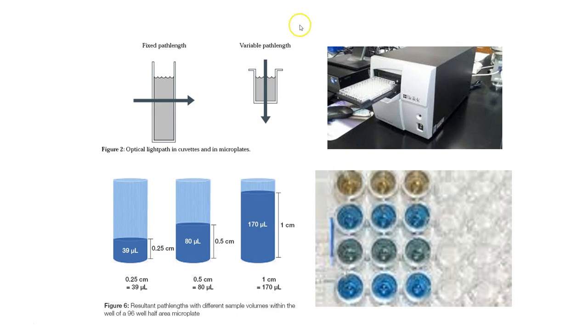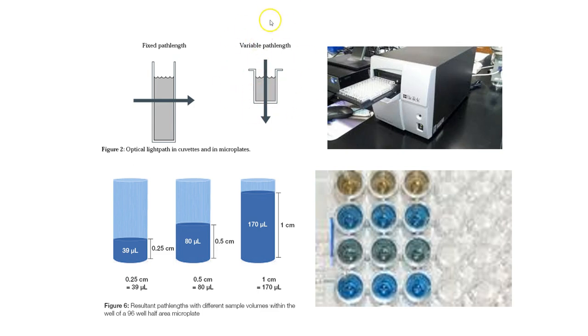Typically, when we think of a spectrophotometer, we think about how we use it to pass light through the fixed path length across the sample and look at the absorbance. You can also pass light up and down the sample wells so that it is going through the liquid present within each well.